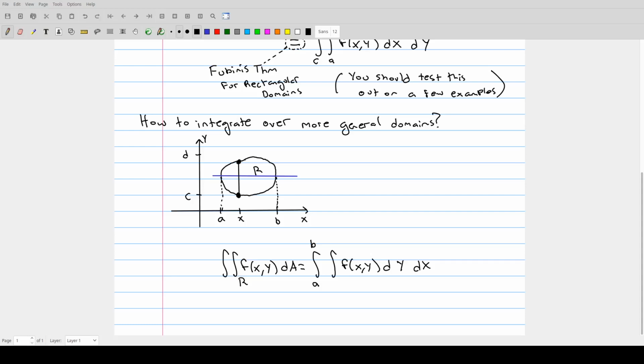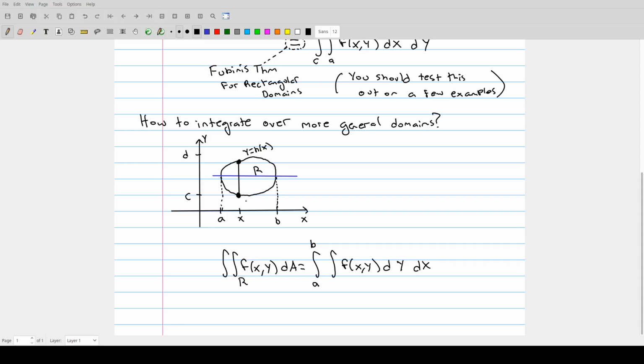So what we do is we typically say that, well, for our domain R, after we've split it into a top part and a bottom part, our upper boundary will be given by some function of x. For the notes, I'll call it h of x. So let's say that this upper curve right here, it'll be y equals h of x for some function of x.